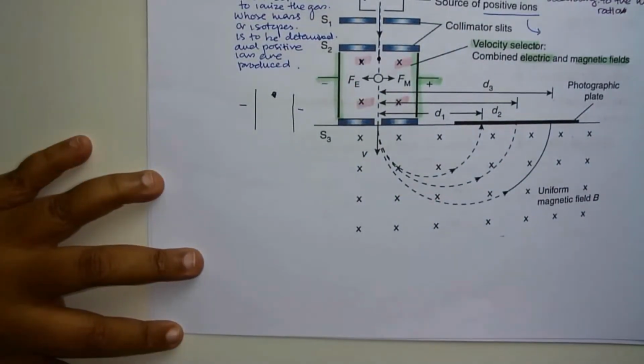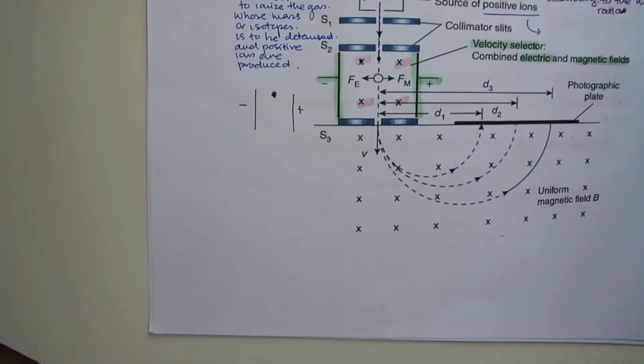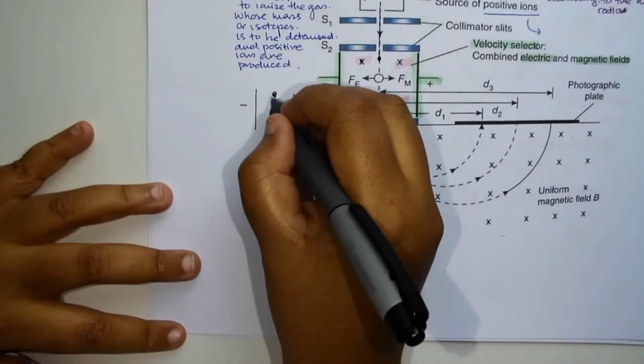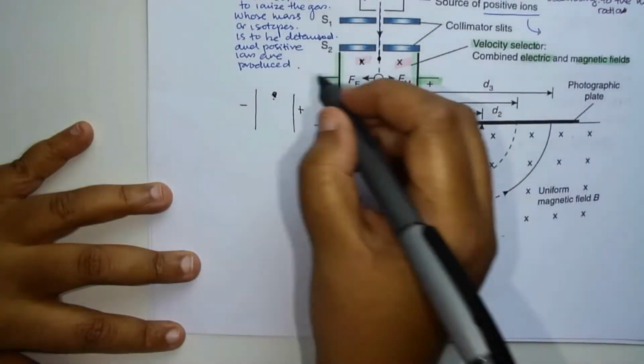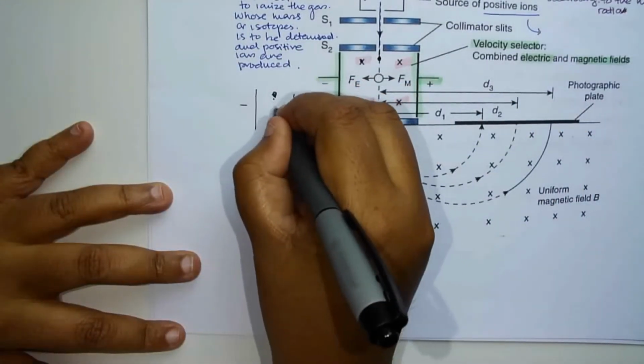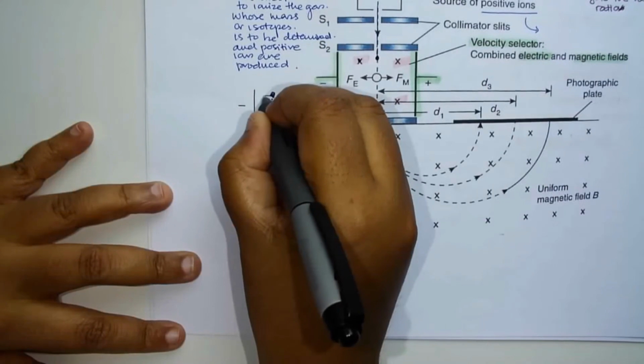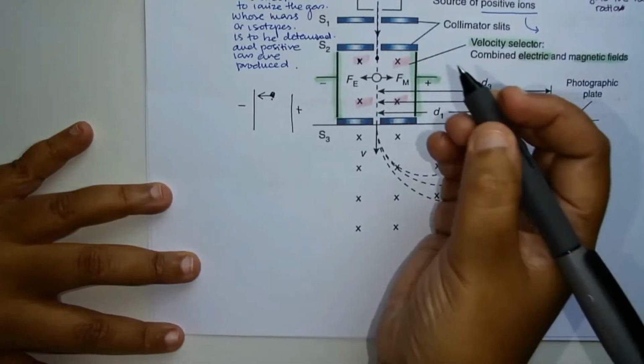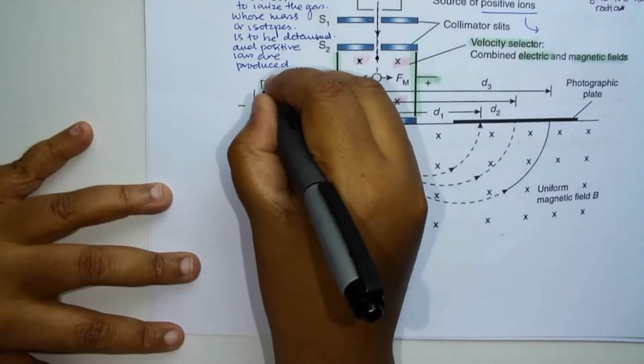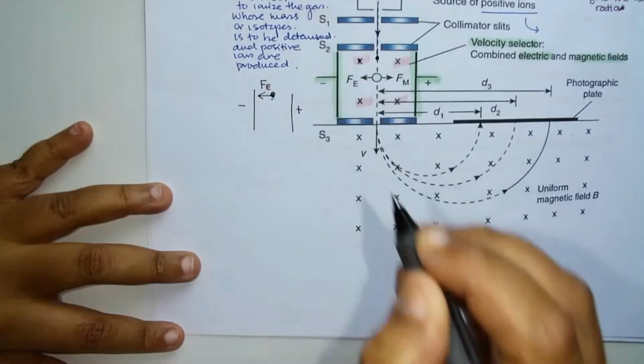The direction will be towards the negative plate because it is a positive ion, so the direction of the electric force will be in this direction, Fe.